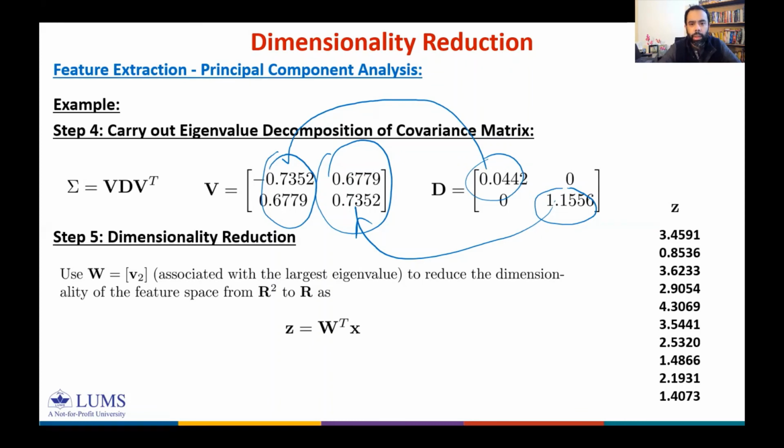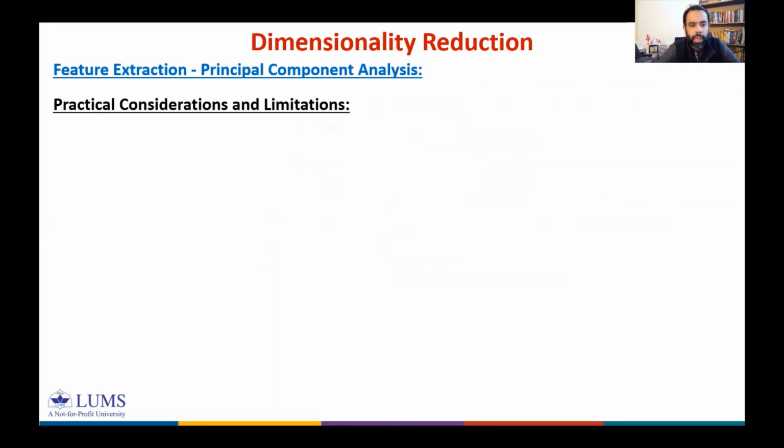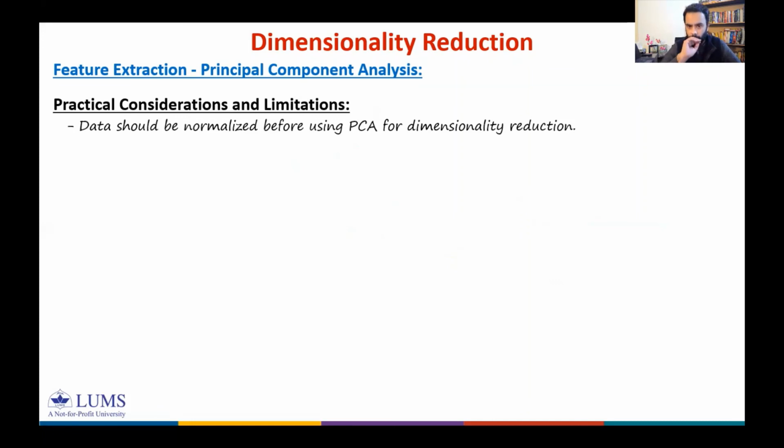Okay, before we conclude, let's talk about some practical considerations and some of the limitations of PCA. In PCA, we do not assume, but it's always good to normalize data before using PCA to bring the values to the same scale.